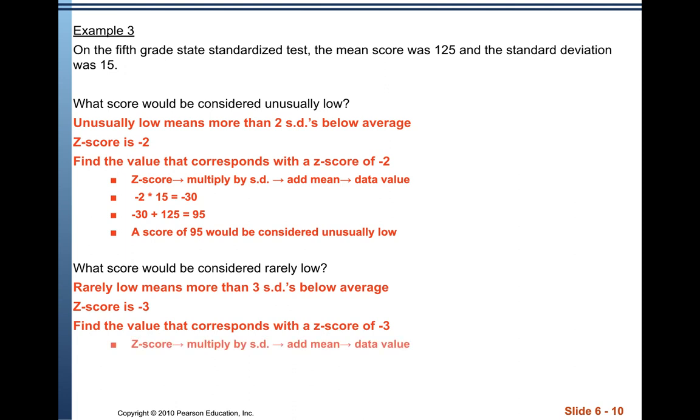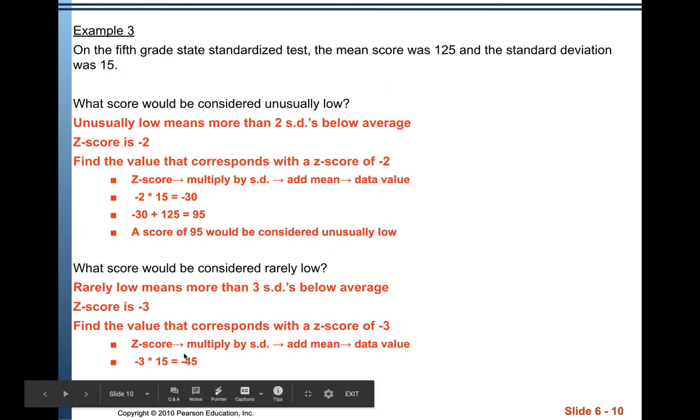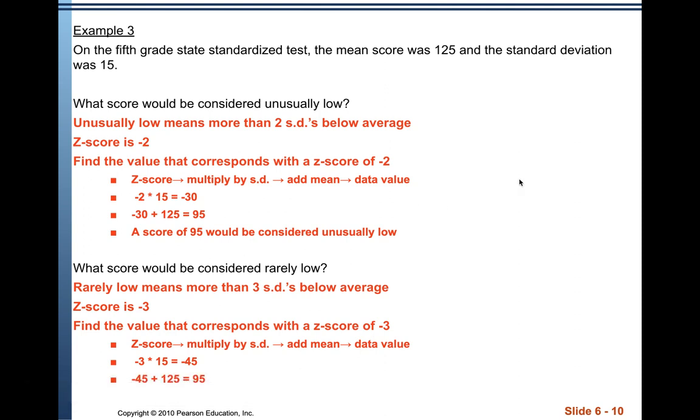I'm going to do the same thing, except start with -3 instead of -2. So -3 times the standard deviation gives -45, and I add the mean, and I get an answer of, that is not 95, that is a typo. That is actually 80.